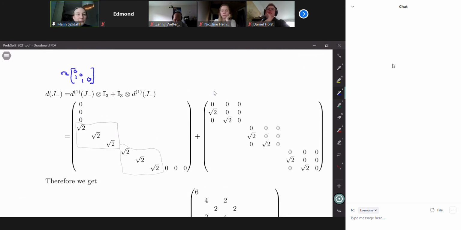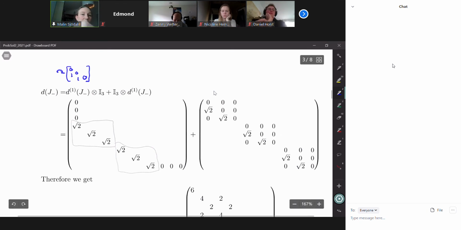Okay, so what we do then is that we take this matrix, and here we insert this big 1, so we have this block here. And again here we insert this 1, so we have this block here. So this is then the representation of this part of the expression. And then we add the other part of the expression in the same way.